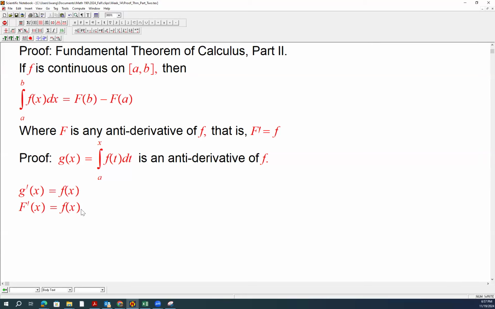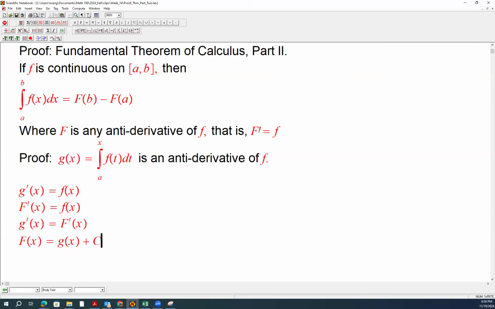So g prime of x is equal to F prime of x, and these two functions will differ by just a constant. We have learned that theorem before. So F of x will be equal to g of x plus a constant.